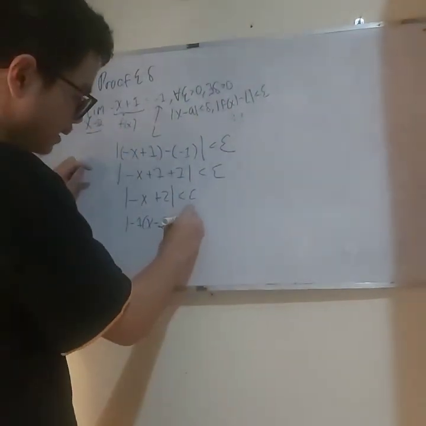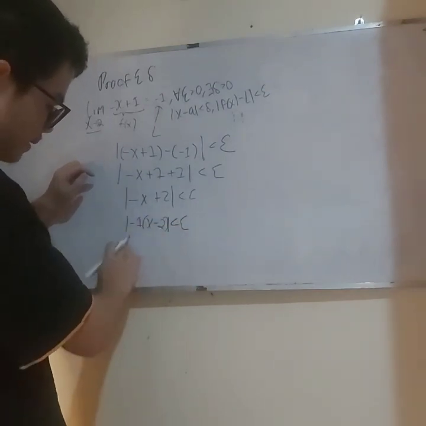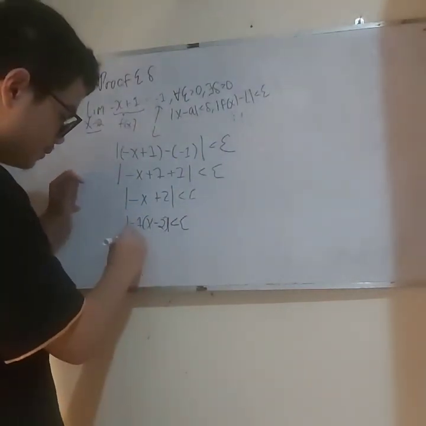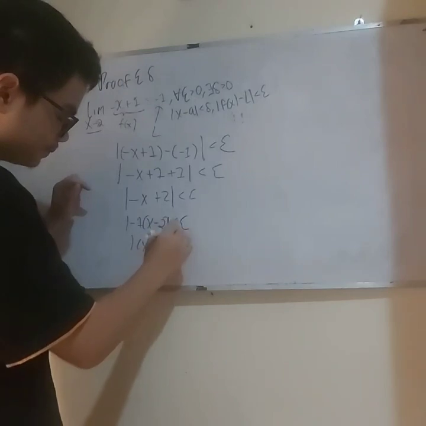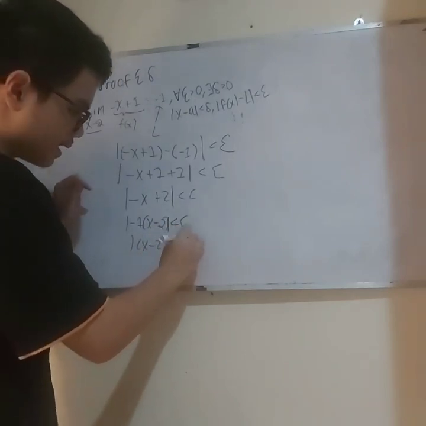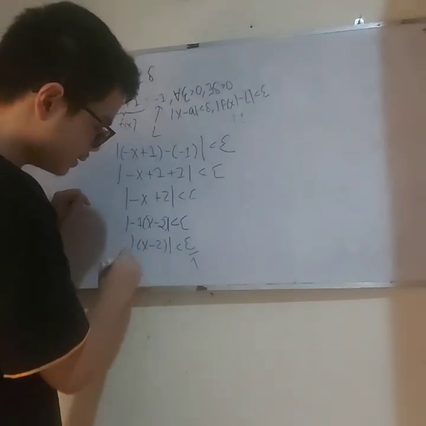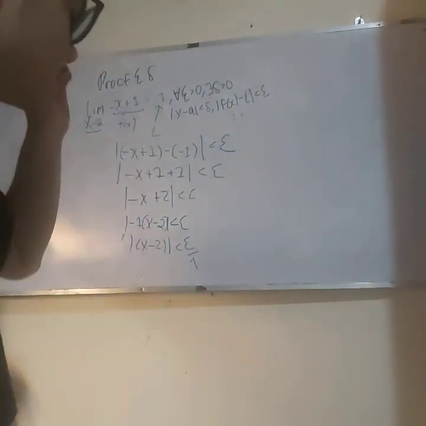So this will be less than epsilon. So we take out the minus, because this is the opposite value. We have positive 1 times the absolute value of x minus 2 is less than epsilon. There's a 1 here, so epsilon over 1.